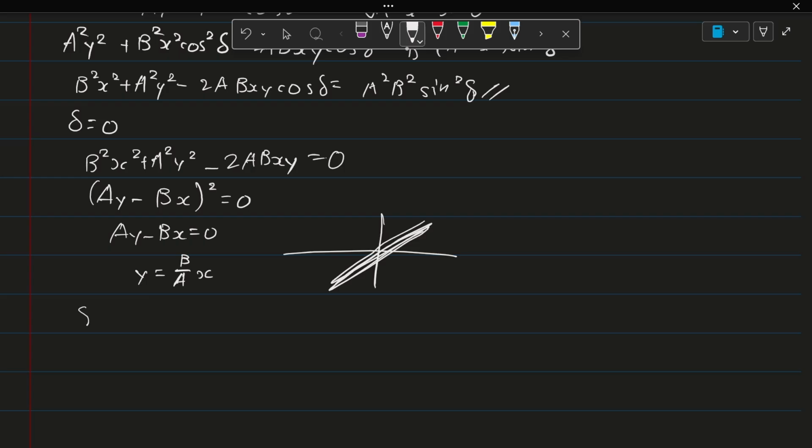But if you let delta be pi over 2, you would see the following instead. b squared x squared plus a squared y squared, since cosine delta would be 0, would equal a squared b squared. And technically it's the same for negative pi over 2, so we could denote this as plus or minus.